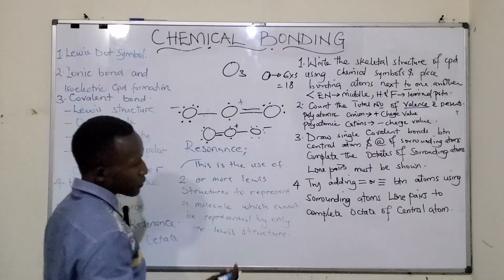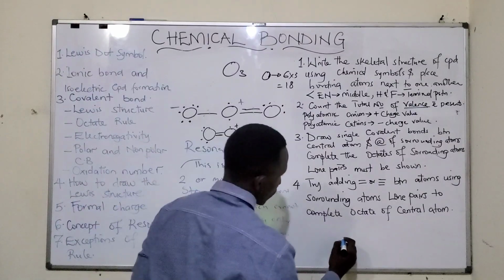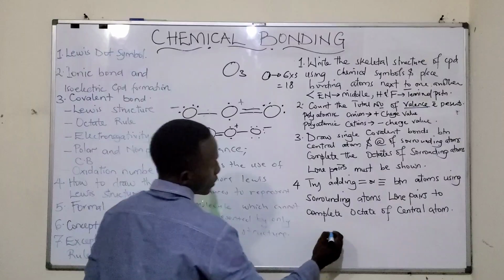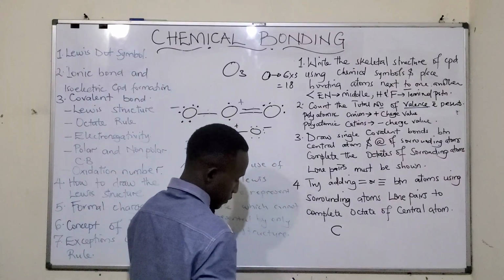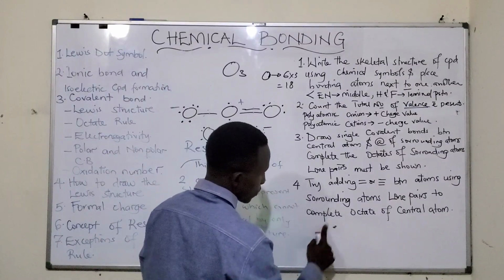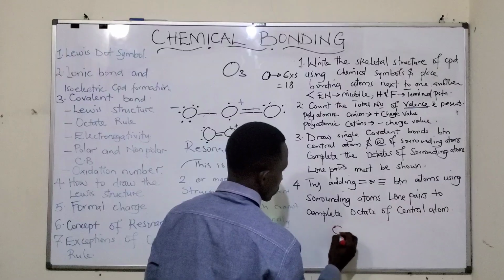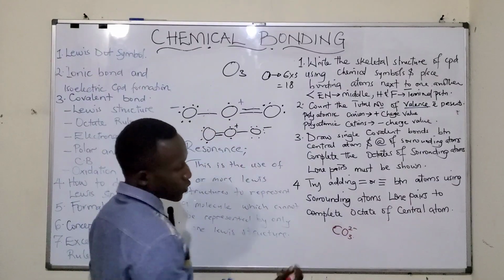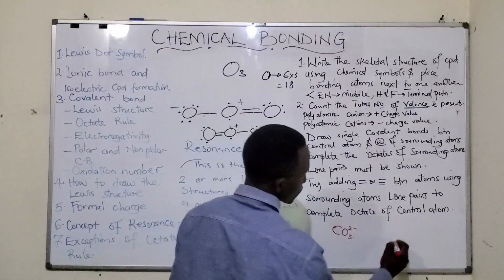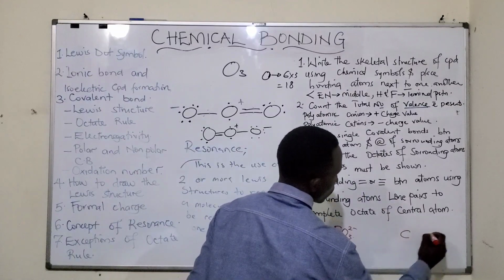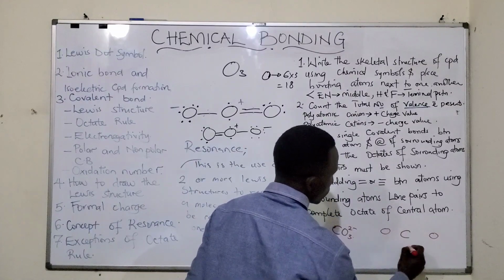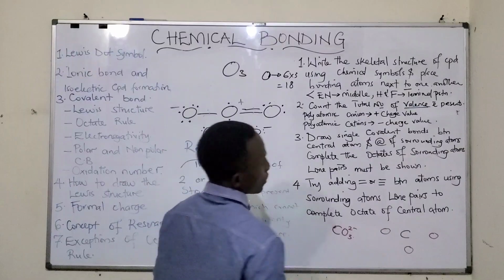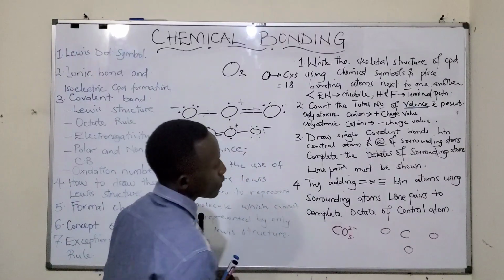Another example, we have carbonate. Let's try to draw the structure of carbonate. It is C, put O, O, and O. How many electrons?